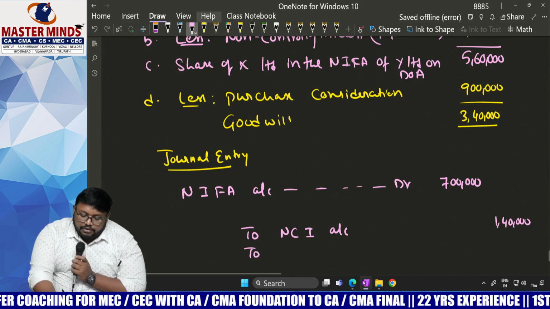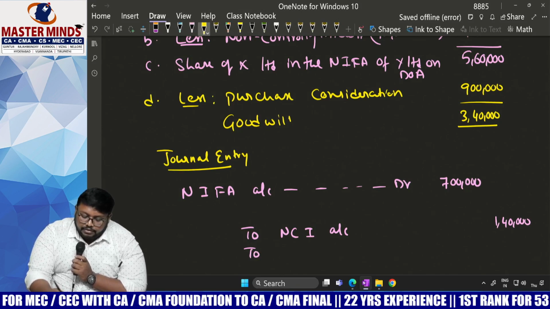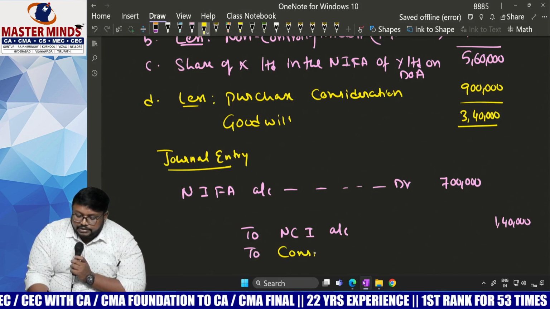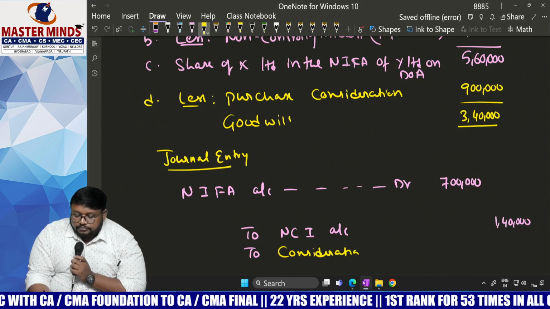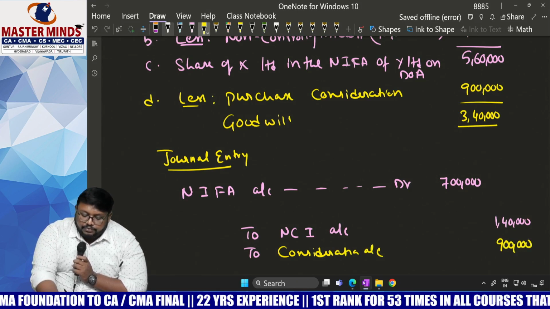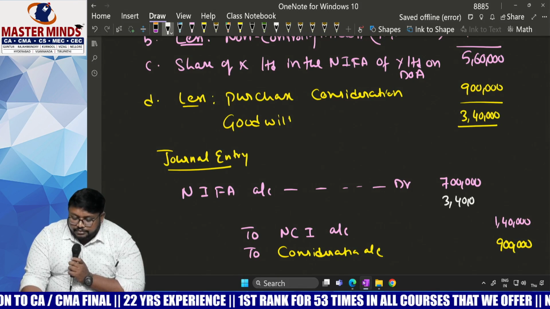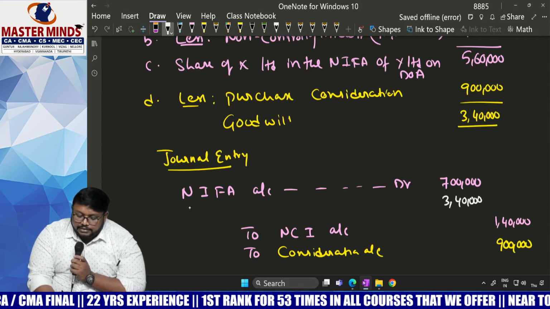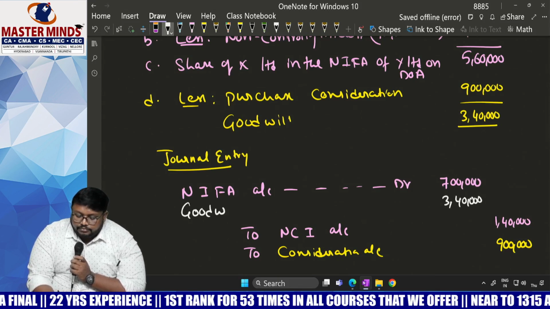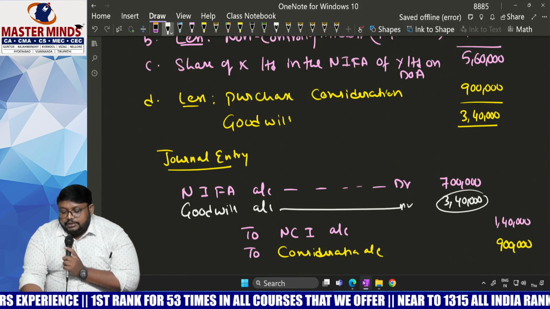To consideration: if we don't know how we are paying, you can simply write consideration, or purchase consideration, not an issue. 9 lakhs. The balancing figure we got is 3,40,000. Goodwill account debit 3,40,000. This will be the balancing figure.